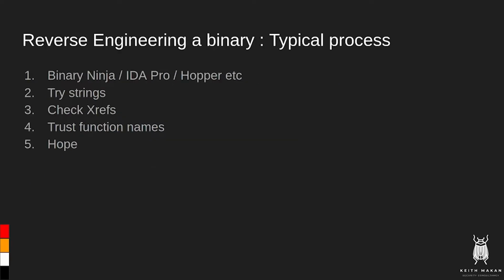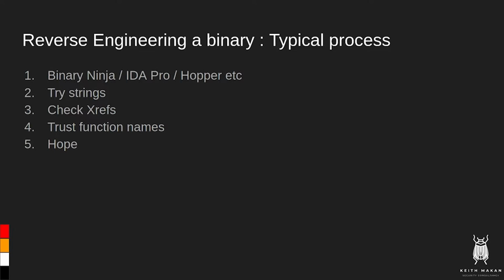The typical process with reverse engineering: you typically load up your binary if it's loadable. You might have ELF sections or things that are broken, program load statements that are all messed up in the wrong place. But you load it up in Binary Ninja, IDA Pro, Hopper, Hydra, Radare, what have you. There's a suite of tools now that make this very easy.